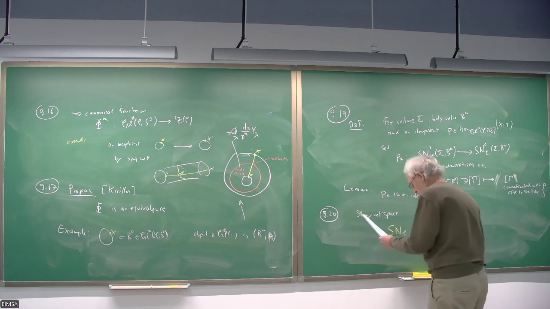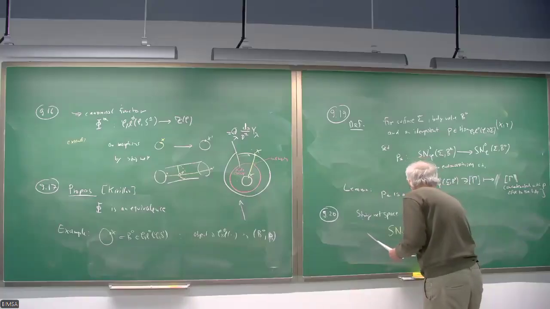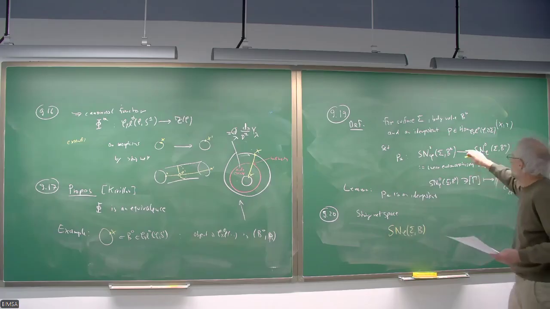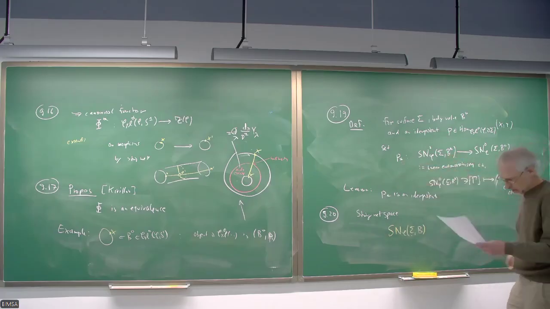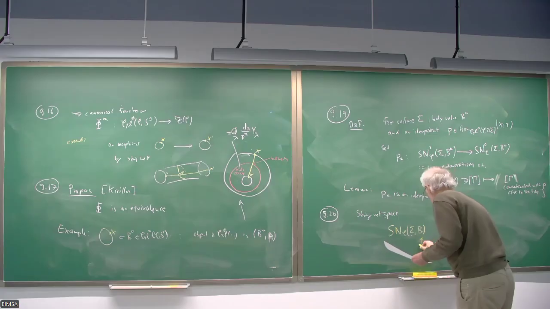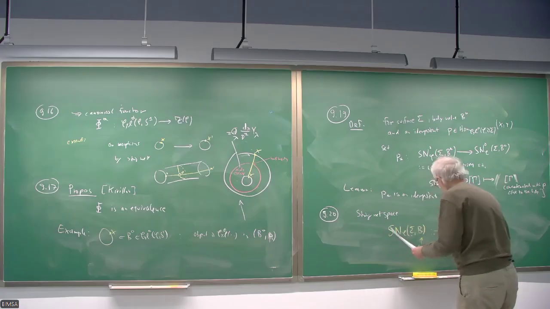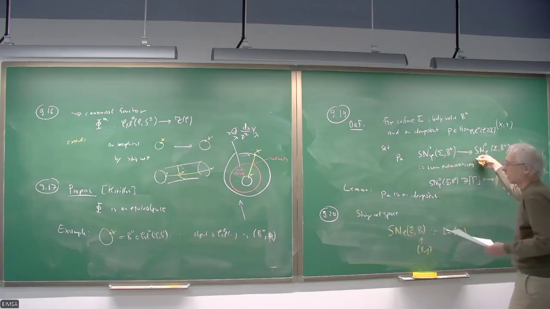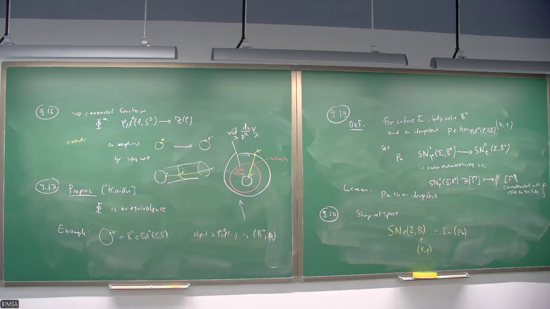So this is an S_n without zero for sigma and B, where B is B0 together with P. The image in the uncompleted string net space of this projected star.